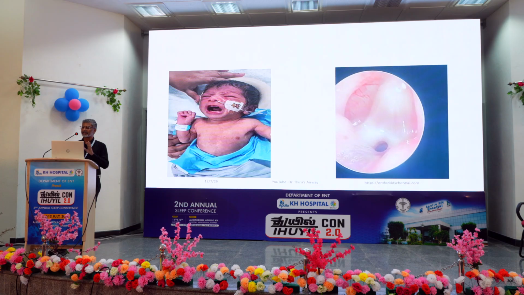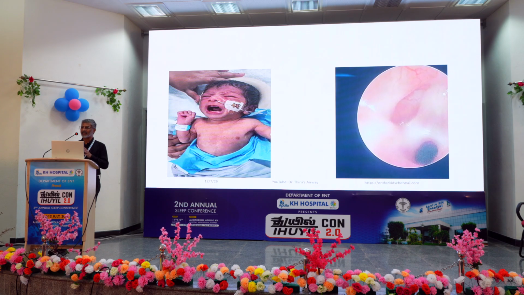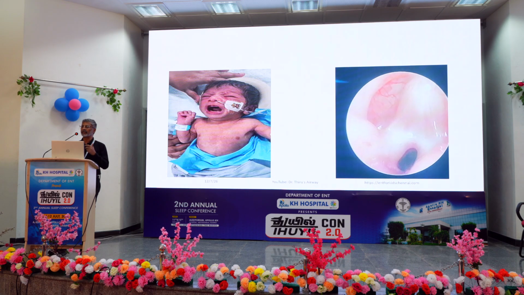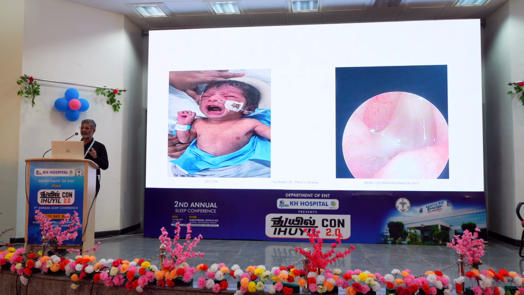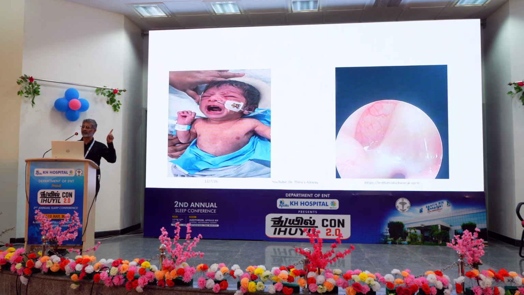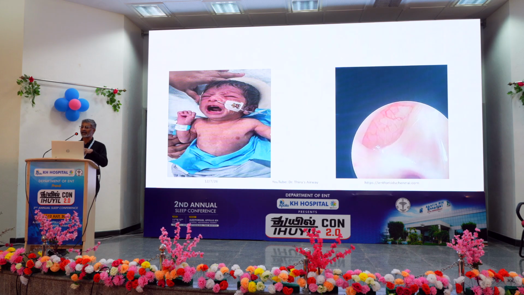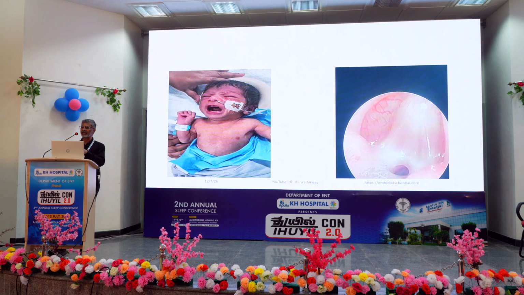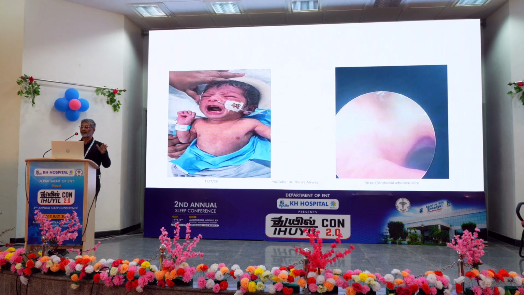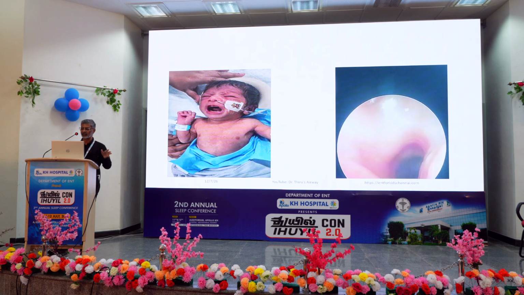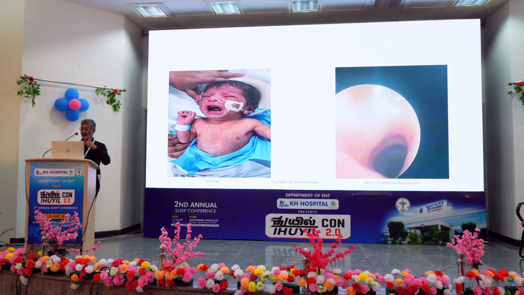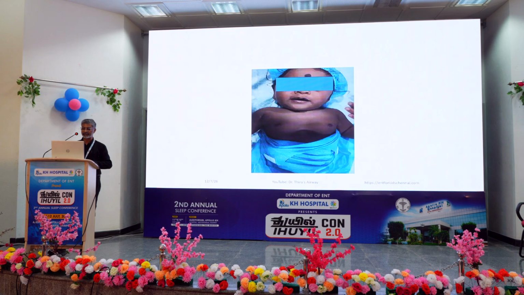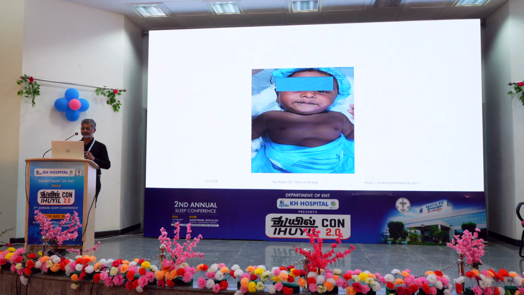The problem is a type 3 glottic web, because in DiGeorge syndrome, the 22q deletion, there is a high chance of glottic web. You need to give importance to the voice and then plan accordingly. Otherwise, if you straight away go and give anesthesia for this child, then you will land up in problems. The child will crash on the table. So when you are evaluating the glottic web, you need to see whether there is any subglottic extension before planning any surgical procedure.